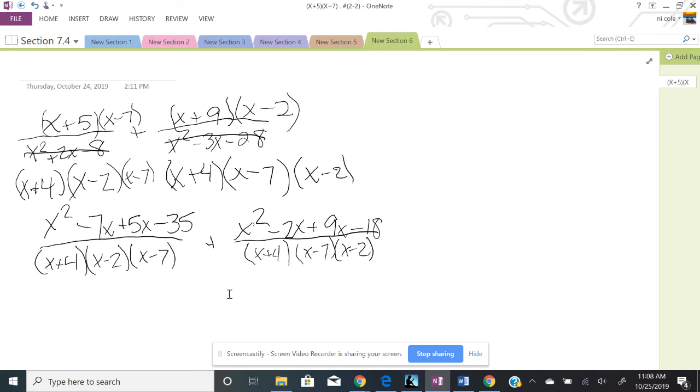Okay. And effectively, because this is a plus, I can draw this bar straight across and combine my like terms. So I have x squared plus x squared, which gives me 2x squared. I'm going to cross those off. Then I can do negative 7x plus 5x, which gives me negative 2x, minus 2x, which gives me negative 4x, plus 9x, which gives me a positive 5x.